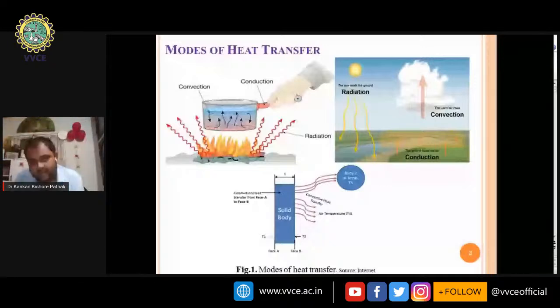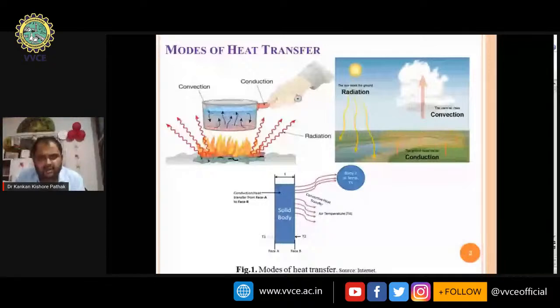In radiation, the energy is emitted by matter in the form of electromagnetic waves, as a result of which the electronic configuration of the atoms and molecules changes. In heat transfer studies, we consider the thermal radiation part, and the internal energy of the object decreases when we consider radiation.